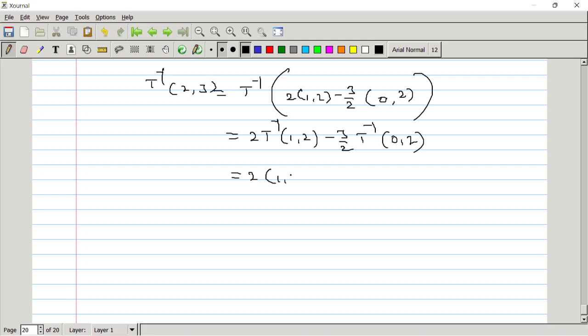This is 2 times (1,0) minus 3 by 2 times (1,1). By just doing addition we get 2 minus 3 by 2 comma minus 3 by 2, which is 1 by 2 comma minus 3 by 2. Is it correct?